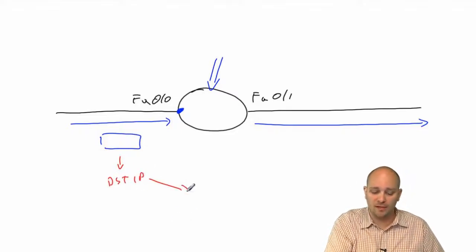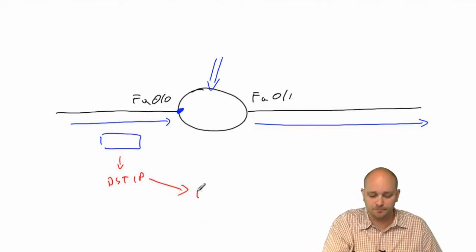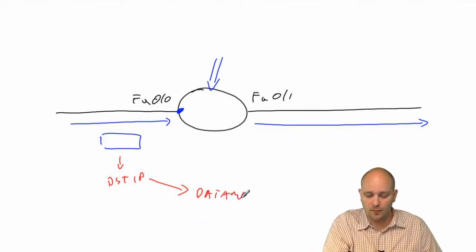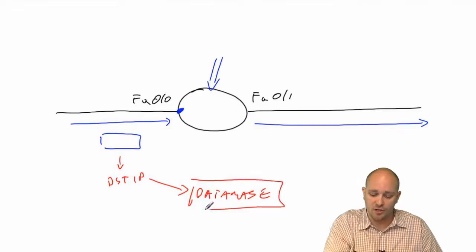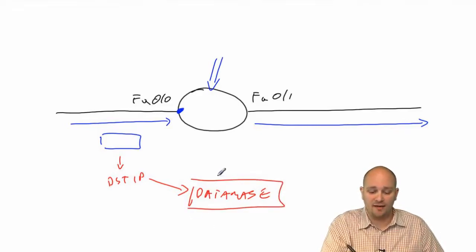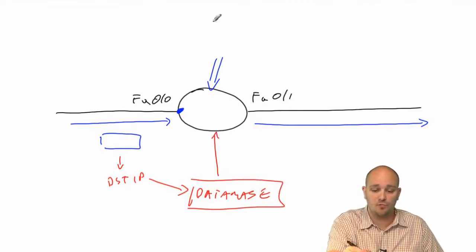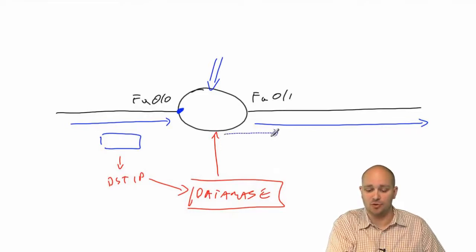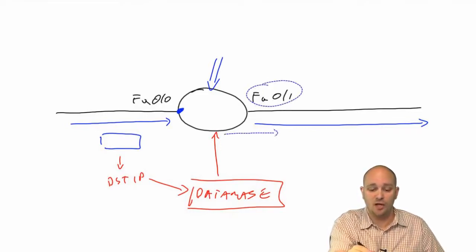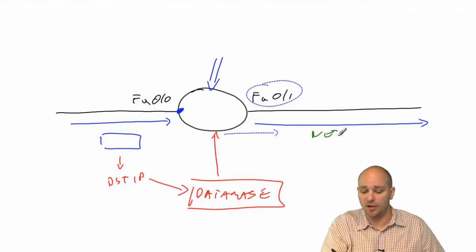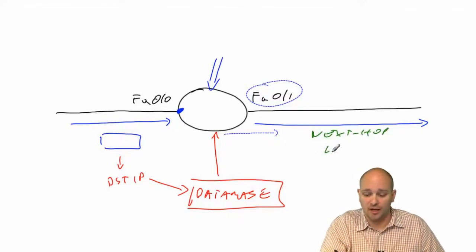Generally speaking, what we need to do is take a look at the destination IP address of this IP packet. We need to look it up in some sort of a database. And based on information from that database, we have to make a decision that this packet needs to go out of this interface towards a particular next hop that has a certain layer 2 address.